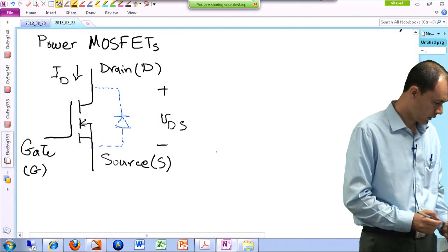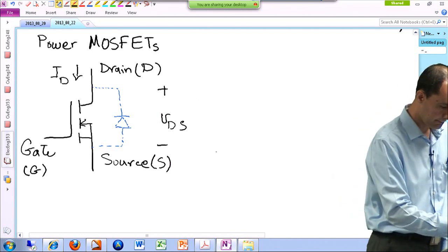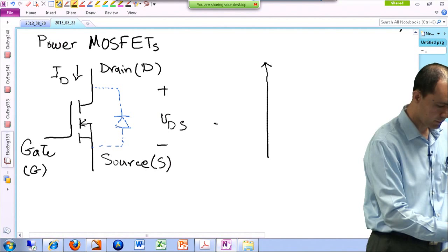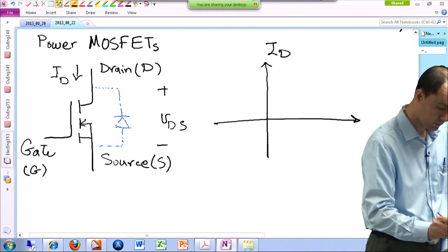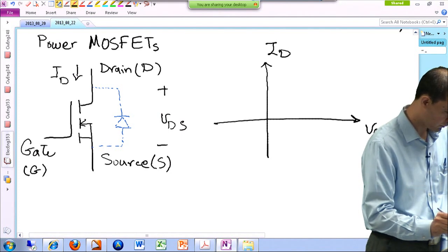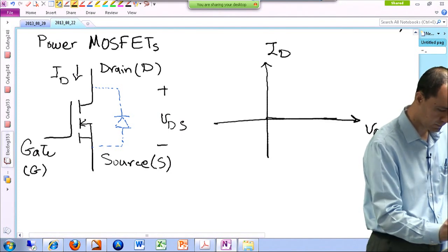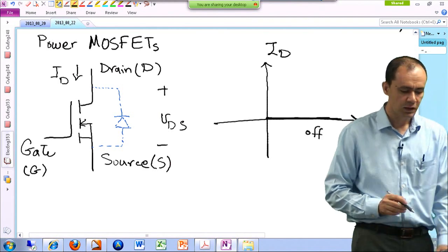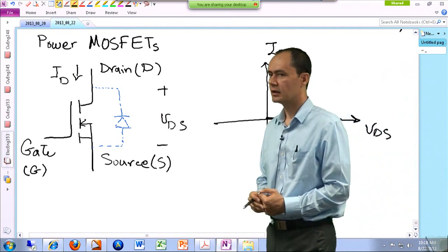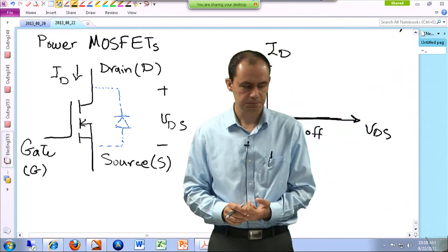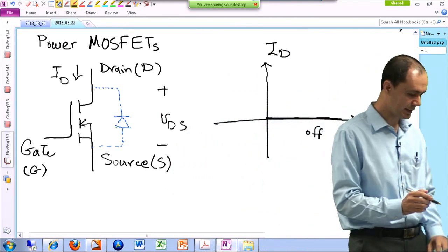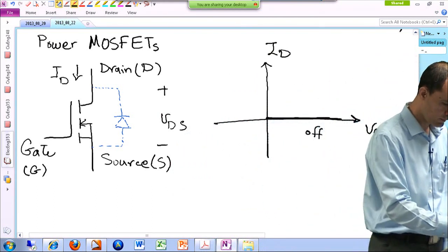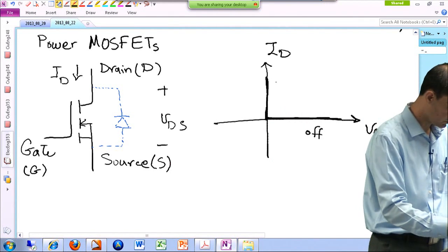All right. So this is the volt-ampere characteristic that we consider for this MOSFET. If the device is off, it can block positive voltages. And once you activate the gate, the device turns on and it goes here.